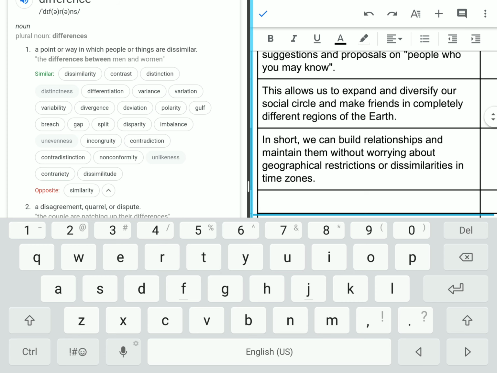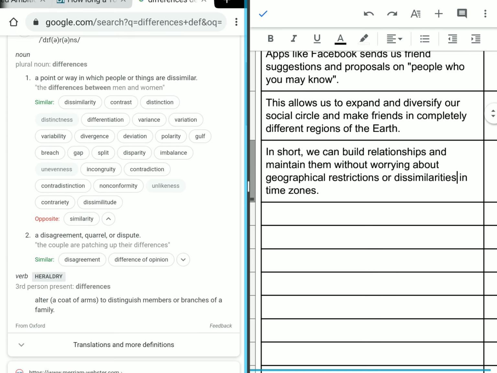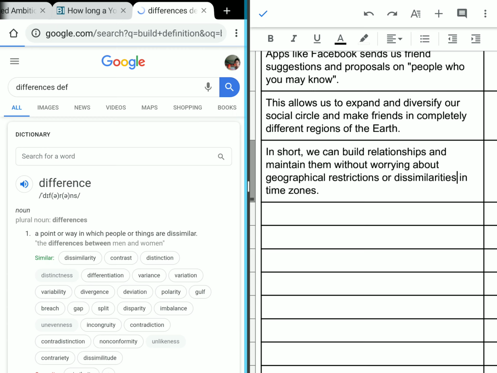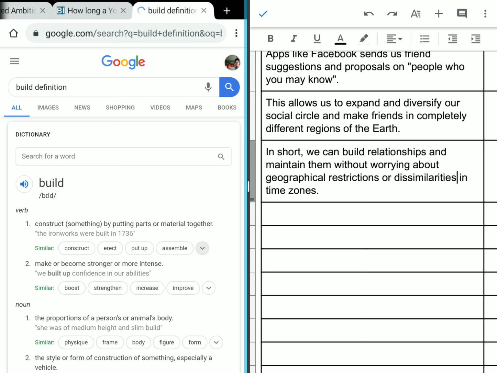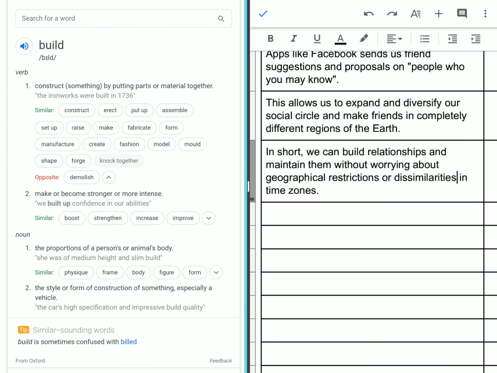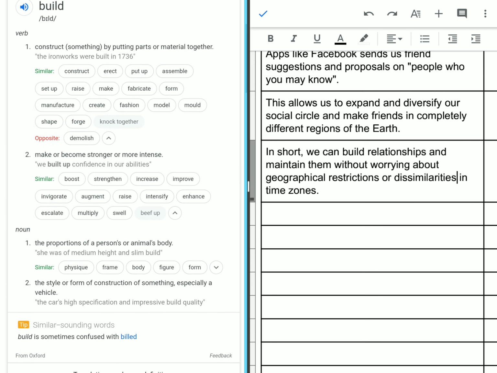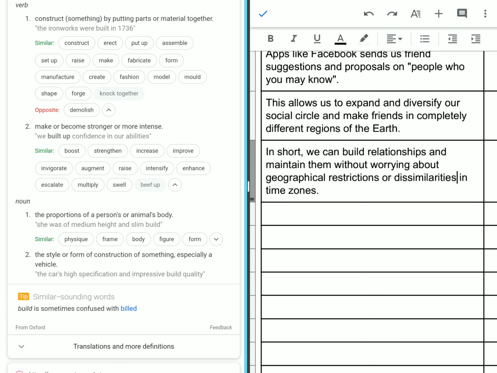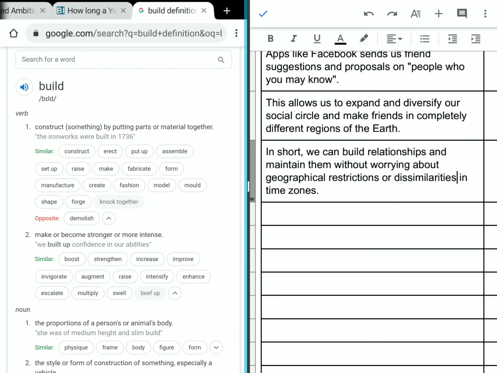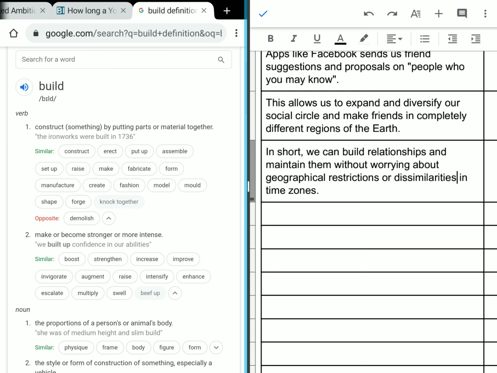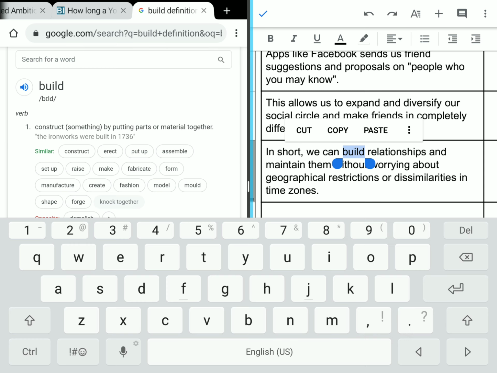In time zones. In short, we can build relationships. Build, we might change. Build, definition. Augment? No. We can forge. Yeah, we can forge relationships.